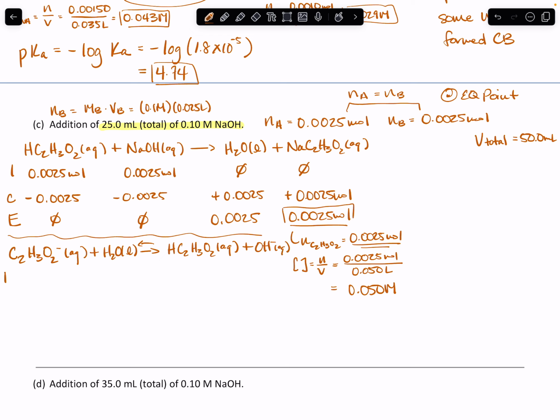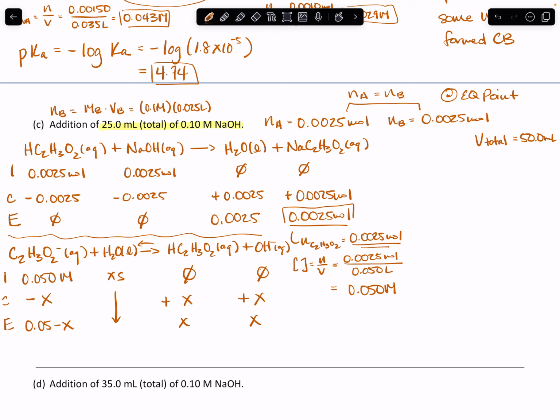So we set up a new ICE chart. The initial amount of acetate, 0.050 molar, and that water will be in excess. We won't have any of the acetic acid or hydroxide present. Now we're going to change a certain amount of it depending on the Kb value for this base, and we're going to form a certain amount of our two products. So it's 0.05 minus X, plus X, and plus X.